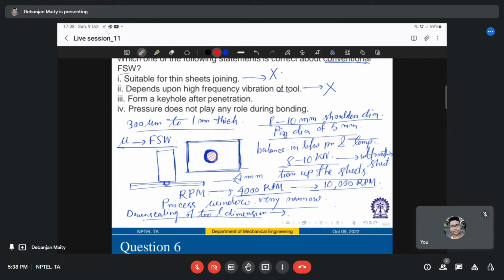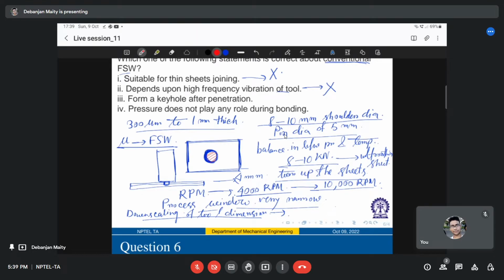So there will be an impression of that pin. This defect can be hazardous in terms of thermal conductivity and electrical conductivity. So yes, care should be taken in removing this keyhole defect.